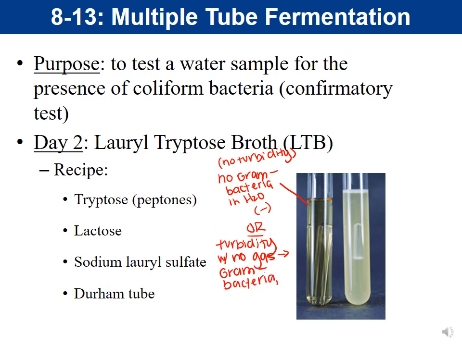But is it a coliform? The answer is no, it's not a coliform. So again, this is a negative because a coliform needs to ferment lactose to produce acids and gas. So if we get turbidity with no gas, turbidity means it's gram-negative, but no gas means that it did not ferment the lactose to produce acids and gas.